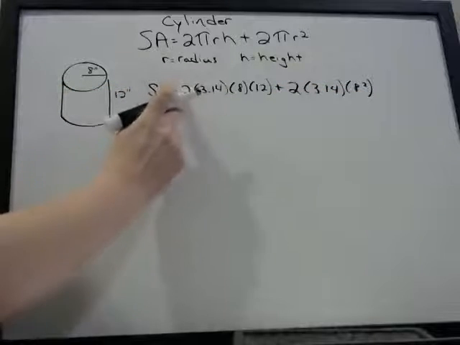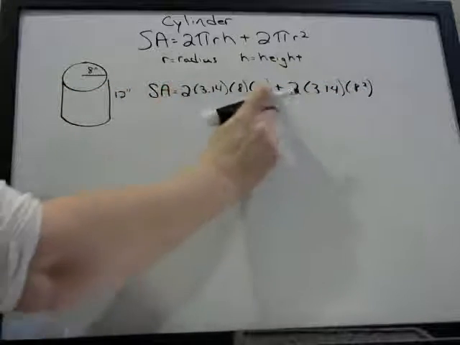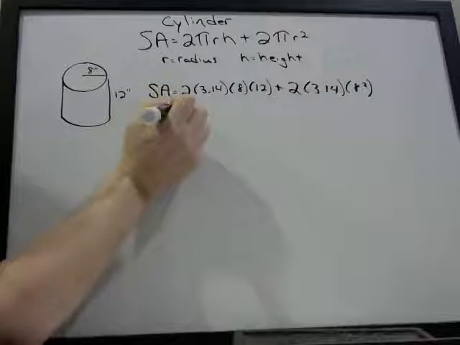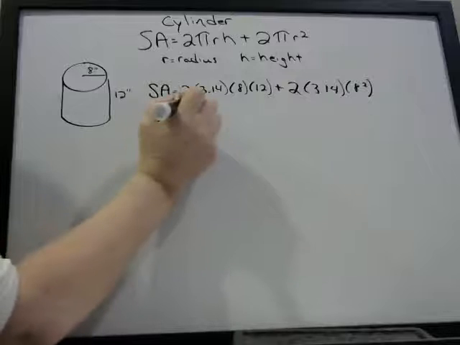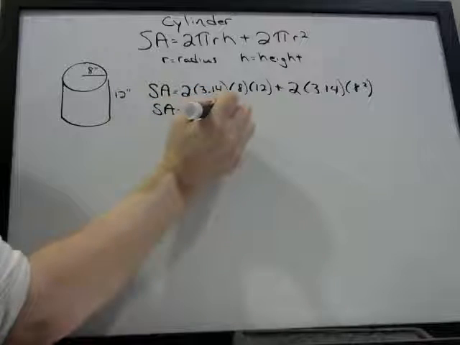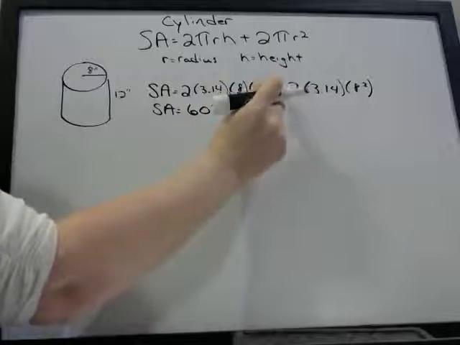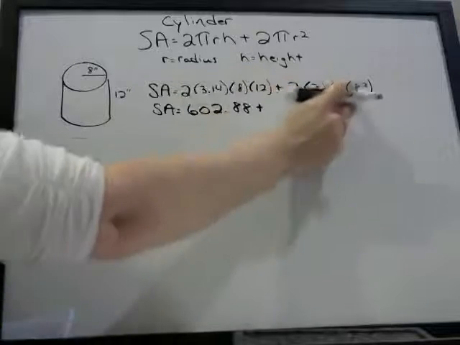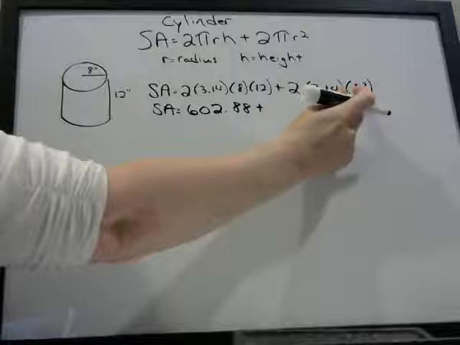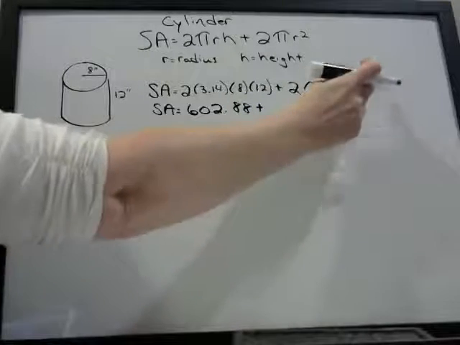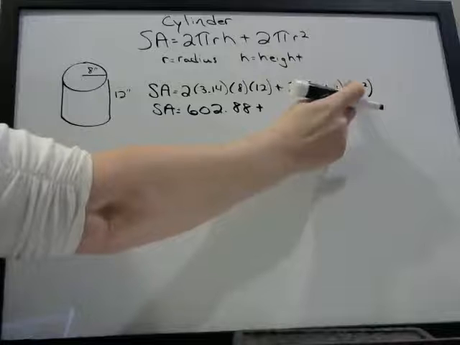If you plug this into your calculator, you're going to first plug in that multiplication, and you're going to get 602.88 plus, so we can't add these yet until we do both multiplications, but make sure you do 8 squared first. Don't multiply this out and then hit the squared button, because you're not going to get the right answer.